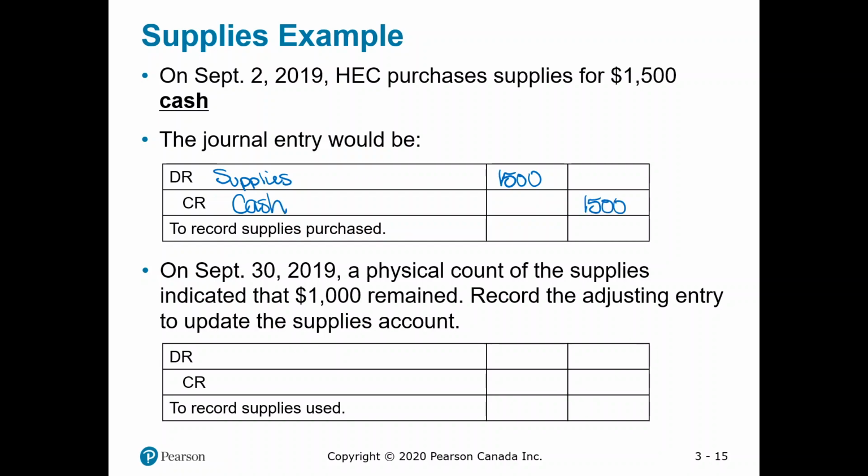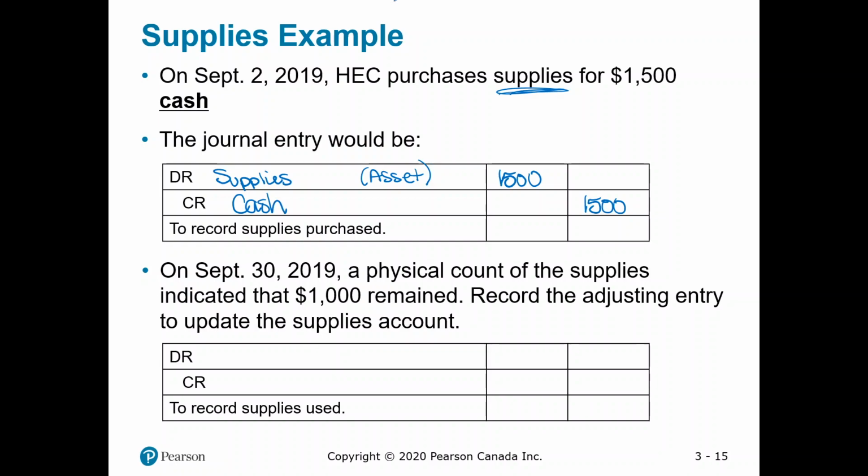And remember that this supplies amount is an asset because the amount we purchased is going to be sitting on the shelf waiting for us to use it as time passes. So it hasn't been used yet. It still has a future benefit. So it is in the supplies account, which is an asset.